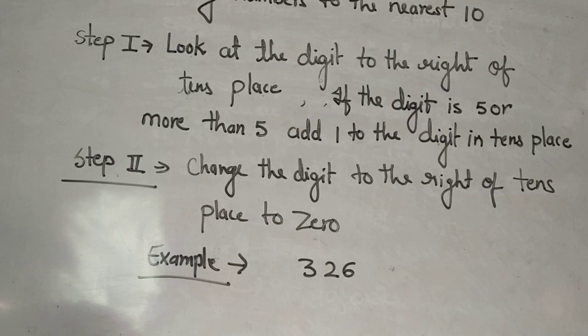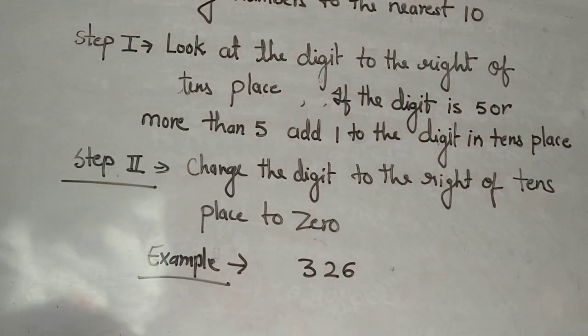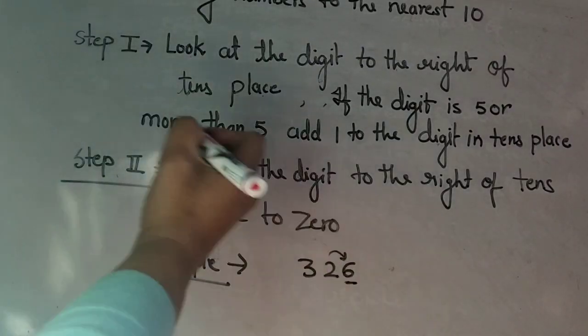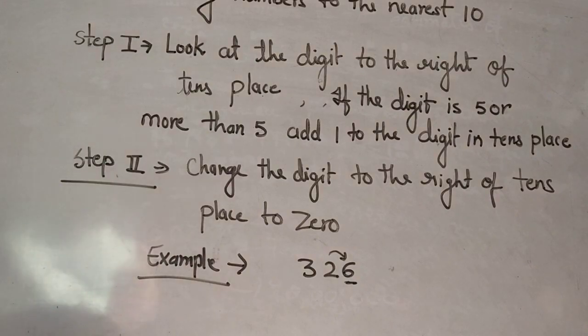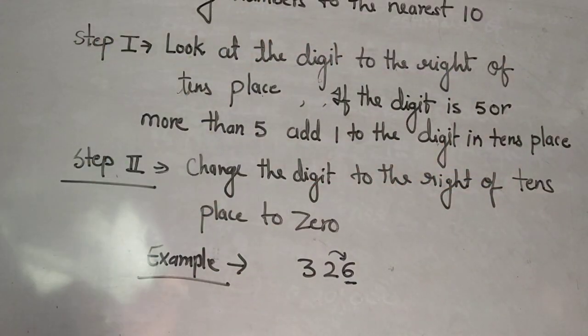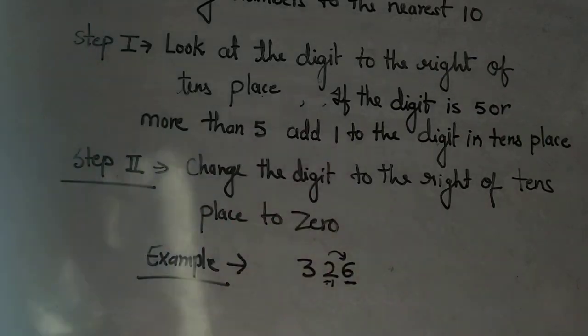For example, round the number 326 to the nearest 10. So step 1, look at the digit to the right of tens place. Right of tens place is the ones place. If the digit is 5 or more than 5, add 1 to the digit in tens place. Yes, it is more than 5, so we will add 1 to the tens place.